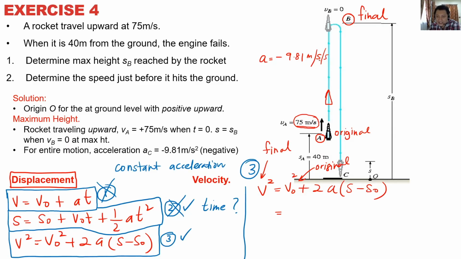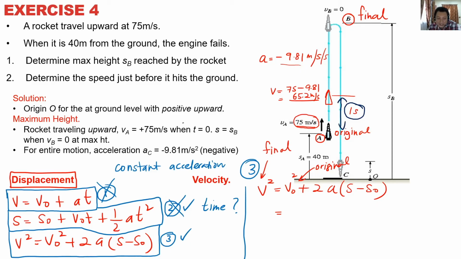So every second it is slowing down by 9.81 meters per second. Let's say it travels 1 second. So velocity here becomes 75 minus 9.81. So how much? 75 minus 9.81 is 65.2 meters per second. This is after 1 second of travel.